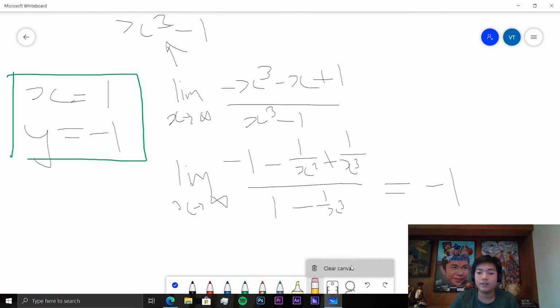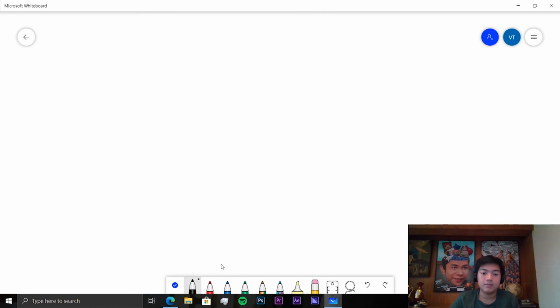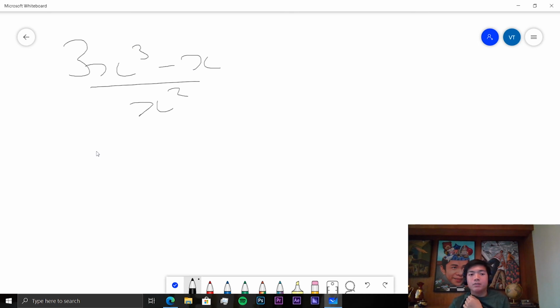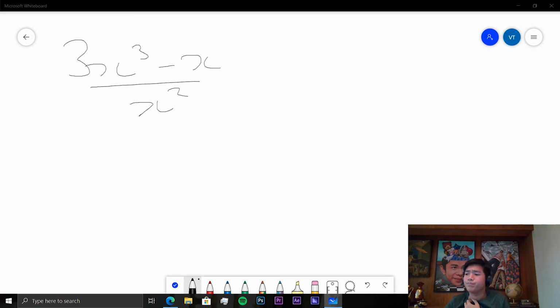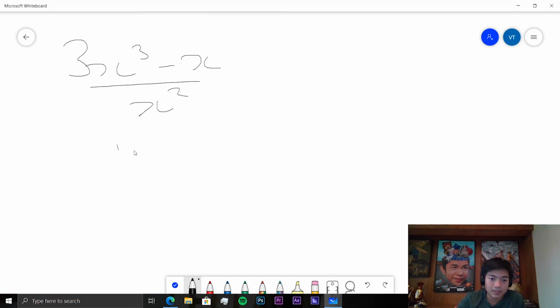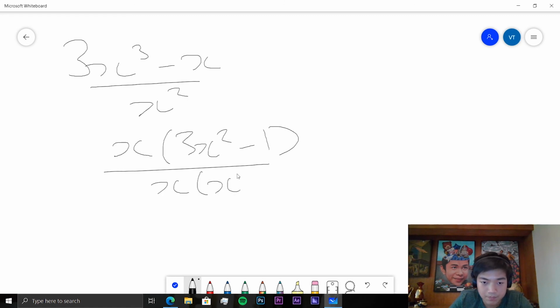Finally, our final function is 3x cubed minus x over x squared. And so we need to find vertical and horizontal asymptotes. First of all, x equals 0 is a vertical asymptote, clearly, because even though we can factor this into x times 3x squared minus 1 over x times x, this will still have a vertical asymptote when x equals 0.